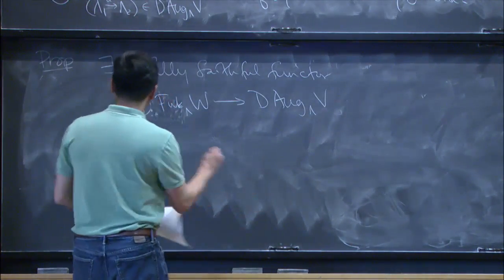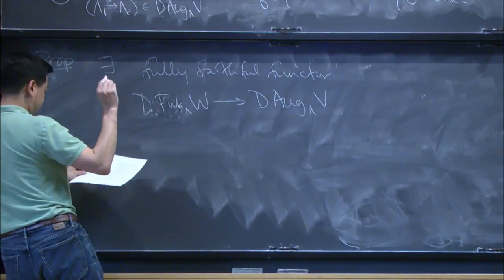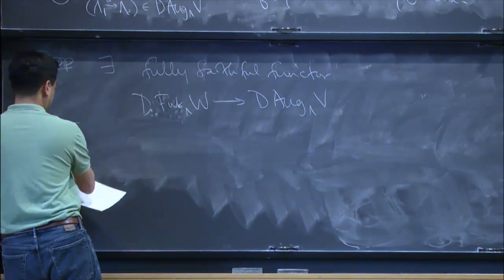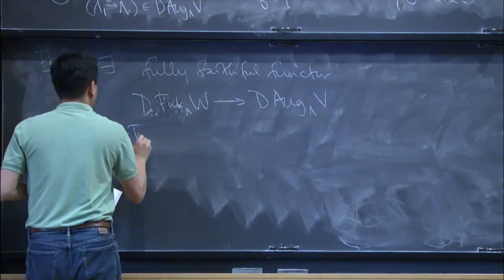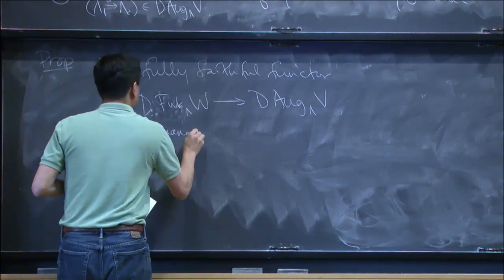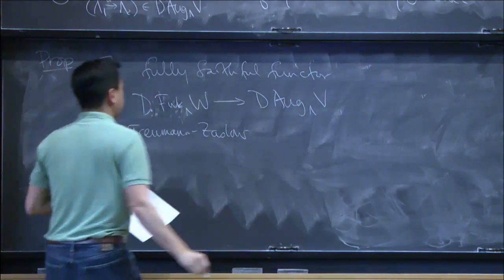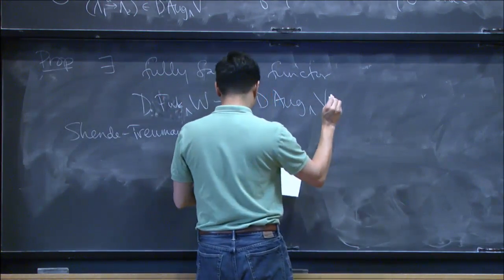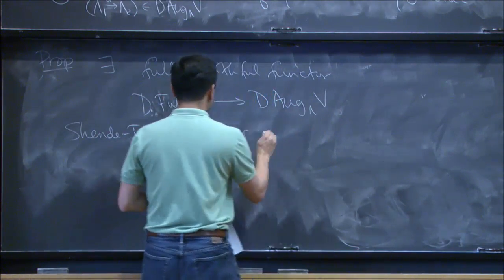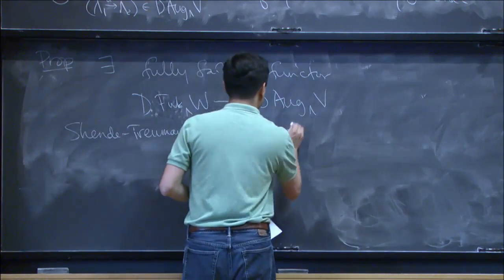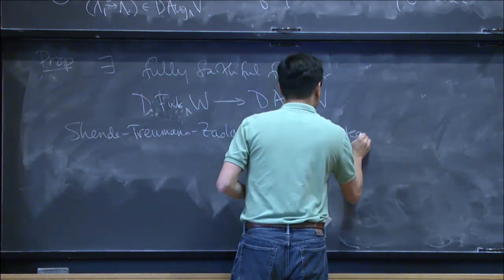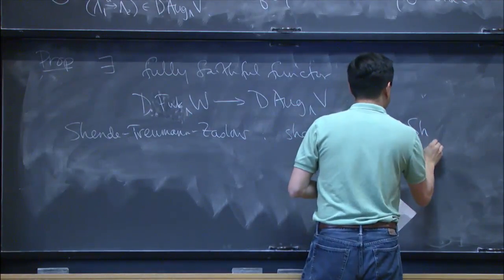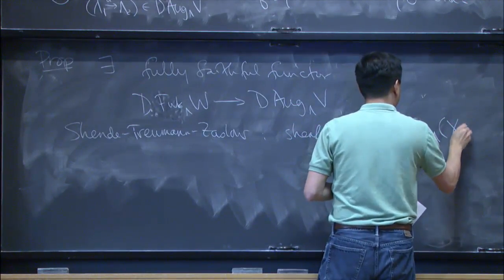And then let me just say, I'm going to take a couple more minutes. There's work of Shende, Truman, and Zaslow where if you have this Legendrian inside of a one-jet space, there's some sort of sheaf category. I'll write it as SH lambda of x cross r.